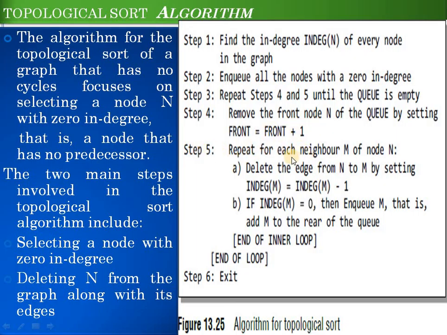Step 5, repeat for each neighbor m of node n: first, delete the edge from n to m by setting in-degree of m equal to in-degree of m minus 1. Second, if in-degree of m is 0, meaning no edge is coming toward that node, then add m to the rear of Q. End the inner loop, end the outer loop, and exit. This is the topological sorting algorithm.